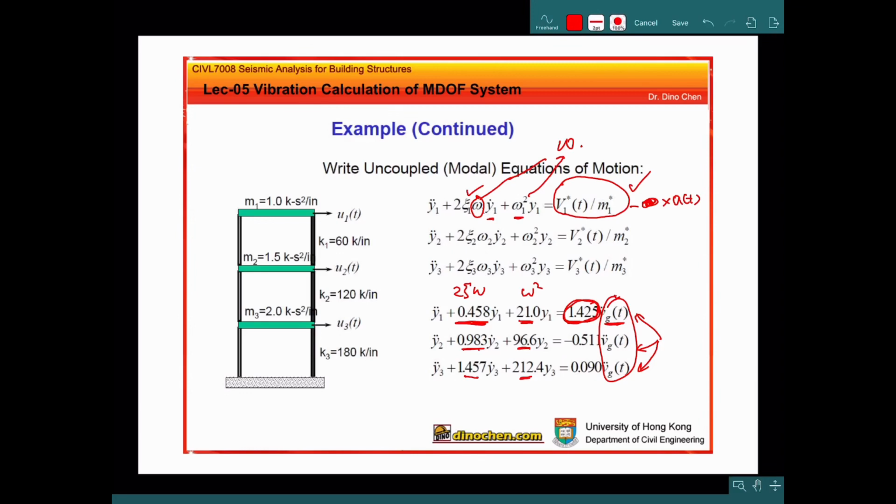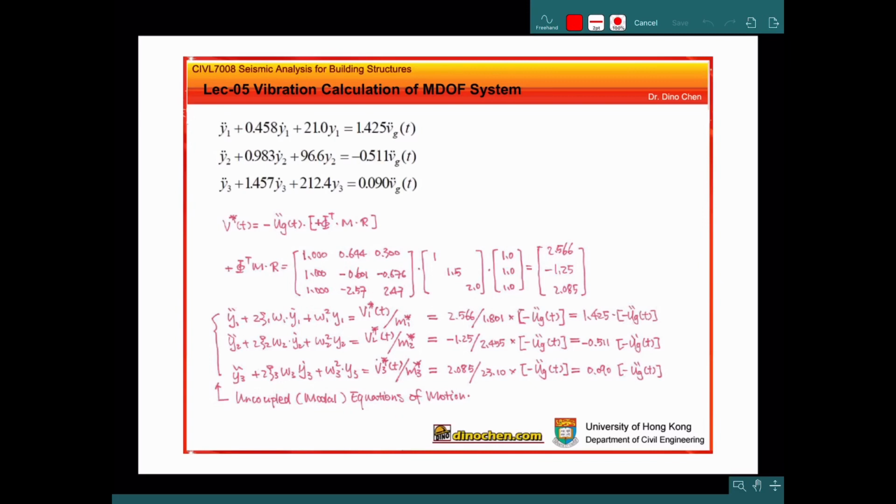So we need to compute the y1 and y2 and y3. How to compute it? We already know these 3 equations, and how to compute this part. This part is equal to, we already know, the m a(t), generalized m, okay, and minus the m. This other m is from the generalized mass.